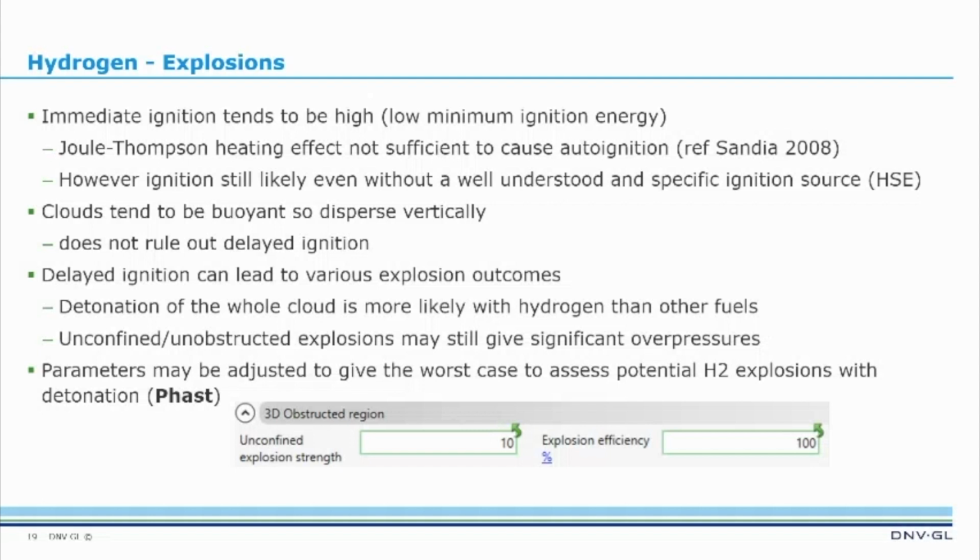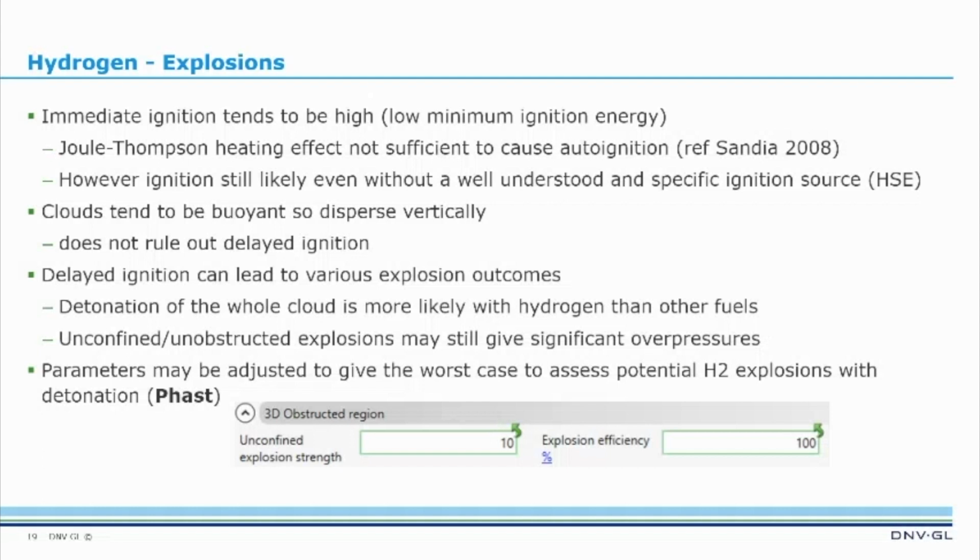And there are papers on that, or publications that discuss that. However, it is more likely to have immediate ignition with hydrogen.